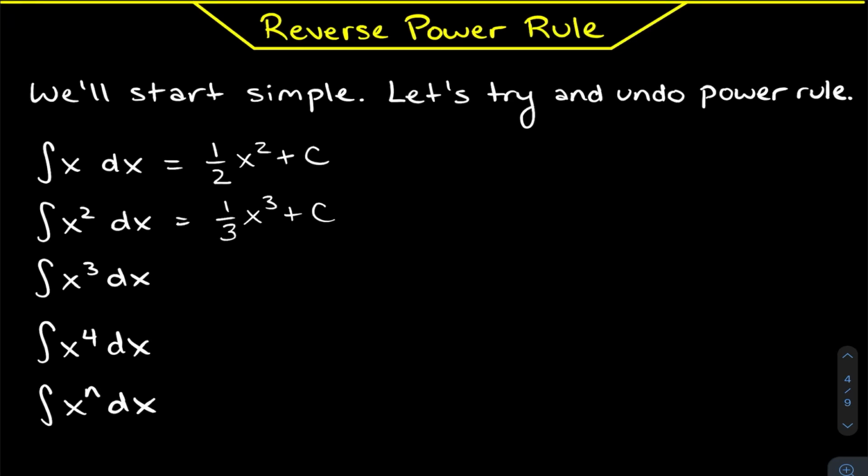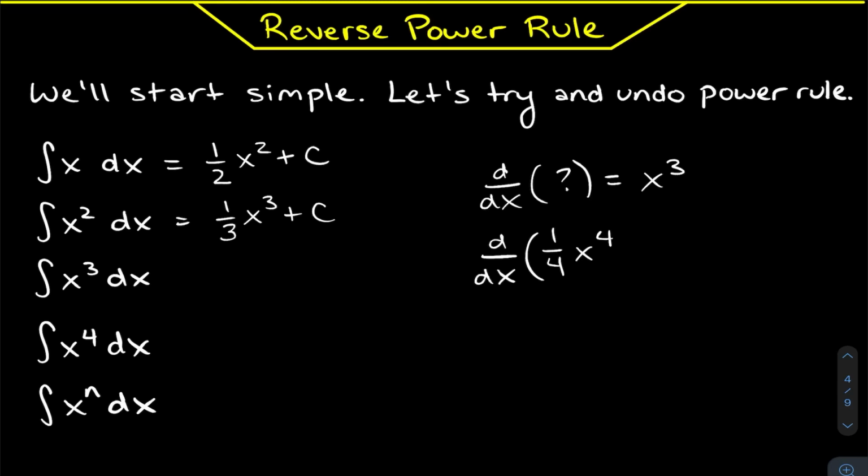Okay, so let's do this integral of x cubed dx now. Well, the derivative of what equals x cubed? Well, you could maybe already think about this. The derivative of x to the 4th, but that was going to give us a 4 out front. We don't want that 4 out front, so we're going to divide by 4, or multiply by 1/4, same thing.